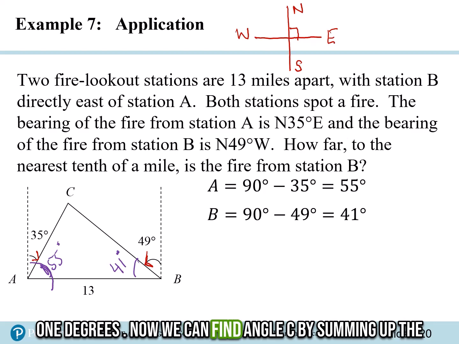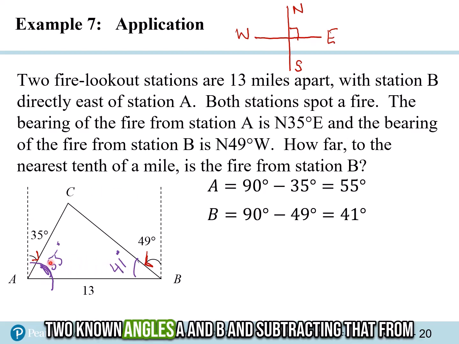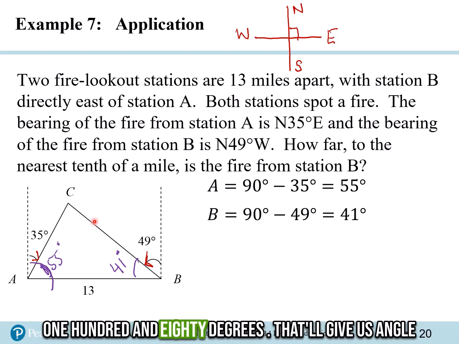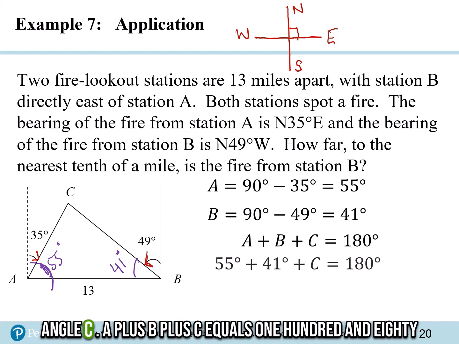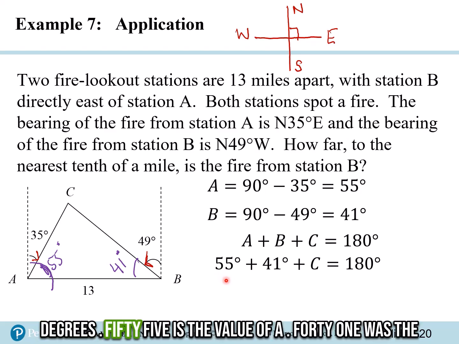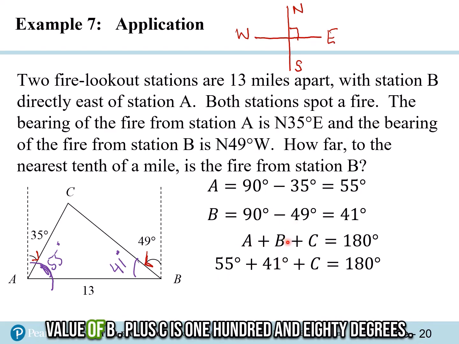Now we can find angle C by summing up the two known angles A and B and subtracting that from 180 degrees. A plus B plus C equals 180 degrees. 55 is the value of A, 41 was the value of B, plus C is 180 degrees.